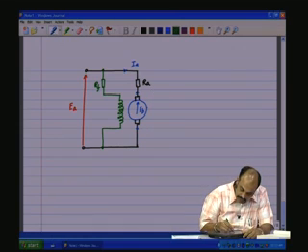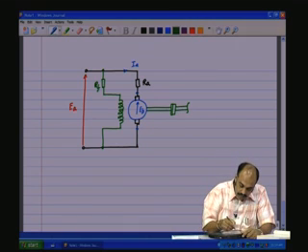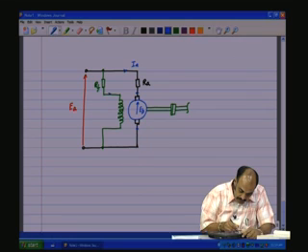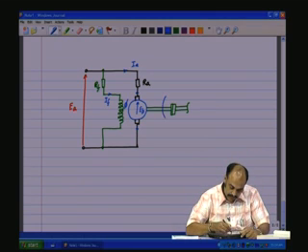And we have the mechanical shaft connected as usual to a mechanical load. There is a field current IF which flows through the field coil to produce flux phi in the machine, and the torque Tg which is generated is proportional to phi and Ia.